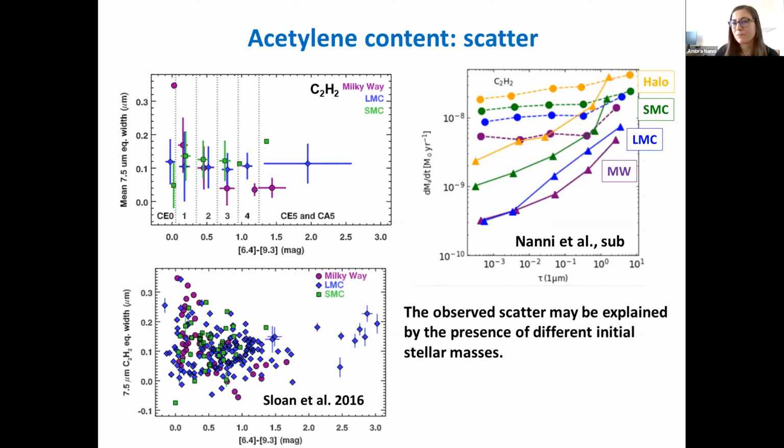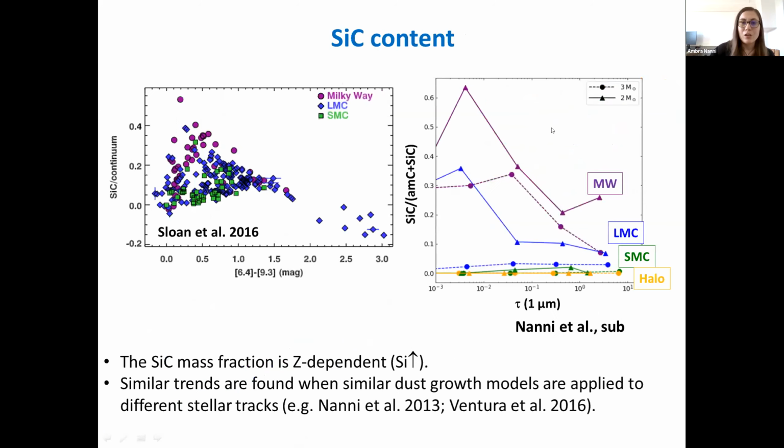Okay, so we have a large scatter, and the spread that we observe in this plot can be explained by the fact that we have two different initial stellar masses.